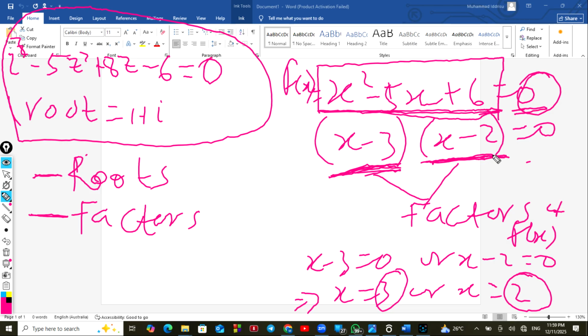There won't be any remainder. The factor will go into the function without any remainder. So x minus 3 is a factor.